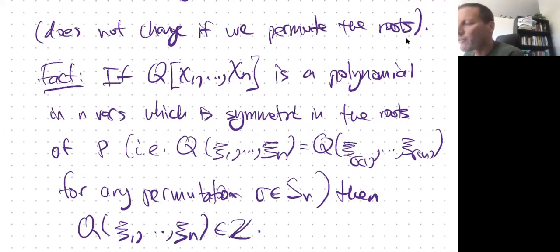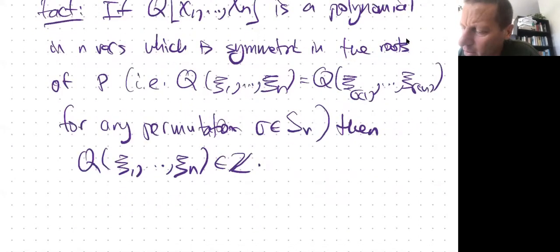So whenever you take a polynomial which is monic and irreducible, and you plug its roots into a symmetric formula, the output is going to be an integer, even if the xi's themselves are not integers. I'm not even sure I need irreducible. And why is that? So the idea of the proof.